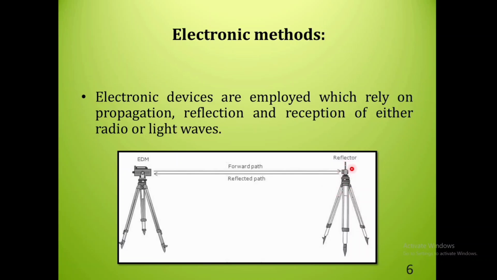This reflector is placed at some point, and we have to find out the distance between this EDM and the reflector. In order to find out the distance between these two points, we will first send the signal from the EDM, which is either radio or light waves, and again these waves will be reflected back by the reflector. Then the EDM machine will directly give us the distance between these two points.